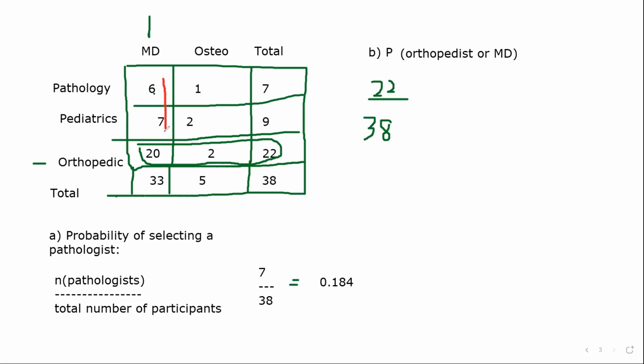So I count this group. You see? So I use this 22 and I use this 33, right? So I have plus 33 over 38. Now, did I count a group twice? Yes. How many were in that group that I counted? 2.